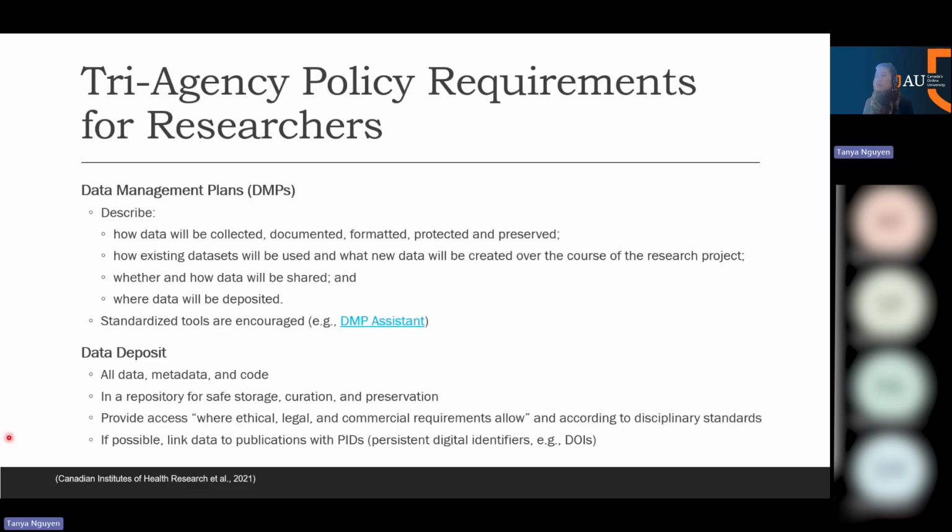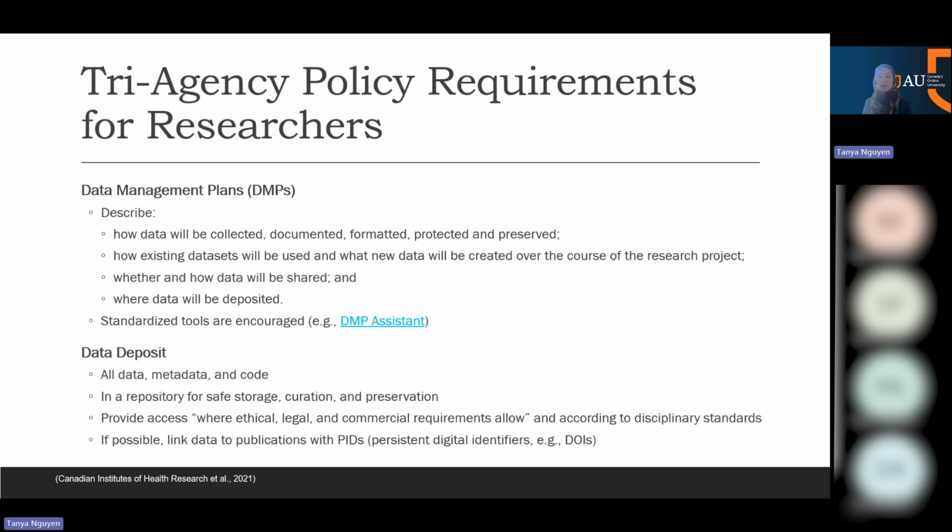So the tri-agency policy requirements for researchers. We talked a little bit about data management plans, but we'll go over it in a little bit more detail here. So a data management plan is an actual document that explains the whole life cycle of research data management. So it's about how the data will be collected, documented, formatted, protected, and preserved. So if you're going to reuse existing data, where are you getting that data from?